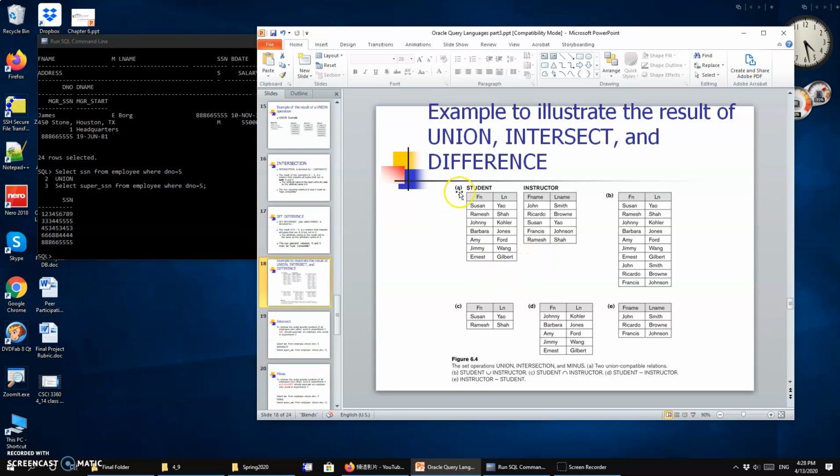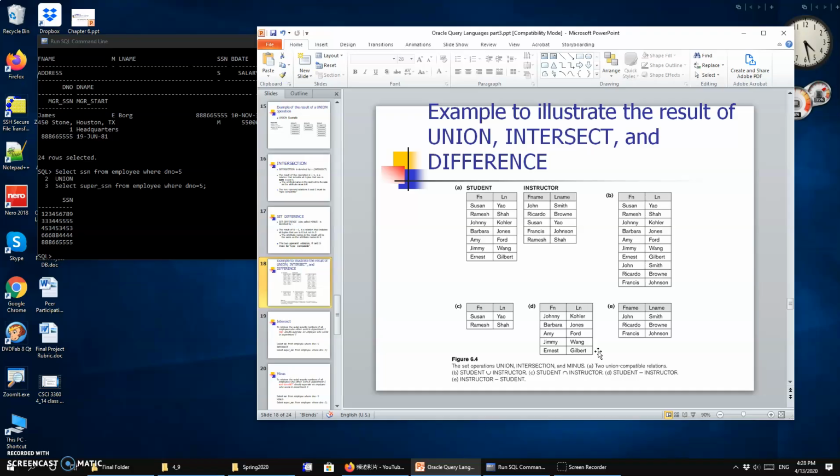Then only five students survive, because we know Susan is in the instructor table, so we will take that away. Ramesh is in the instructor table, so we will take Ramesh away, and therefore we only have Johnny, Barbara, Amy, Jimmy, and Ernest that have passed the results.